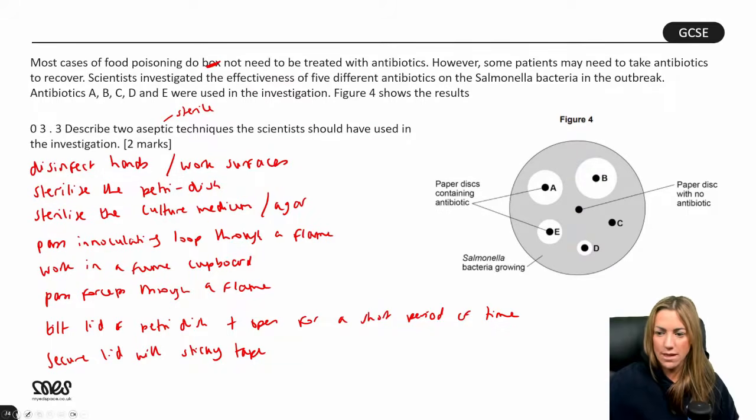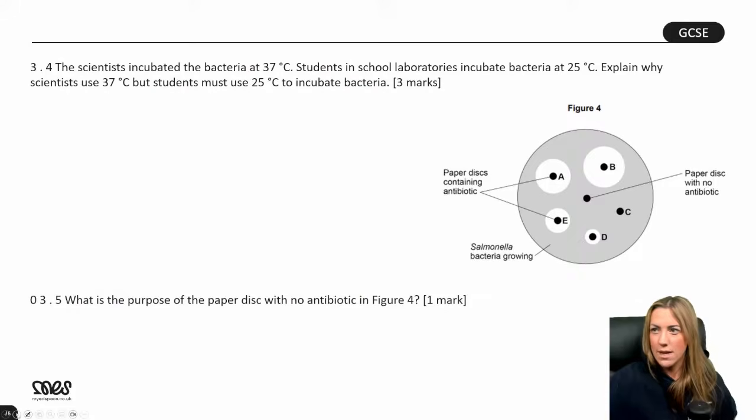We needed 2 of these. The scientists incubated the bacteria at 37 degrees Celsius. Students in school labs incubate bacteria at only 25. Explain why scientists use 37, but students must use 25. So there's kind of two points to this question. Why do scientists use 37?